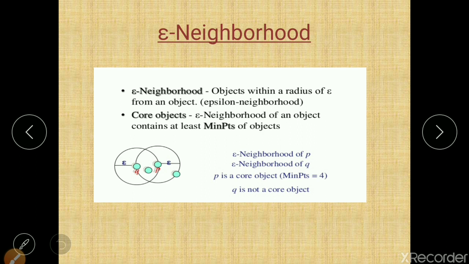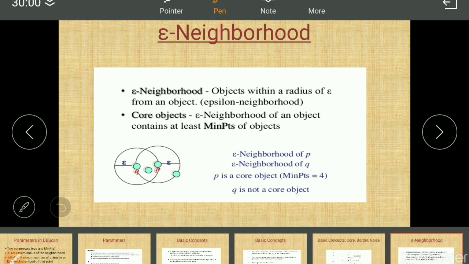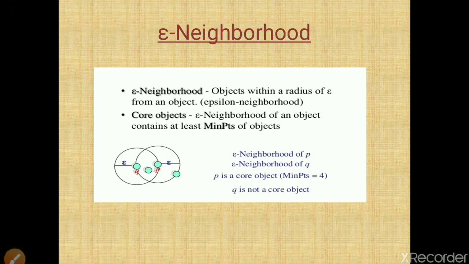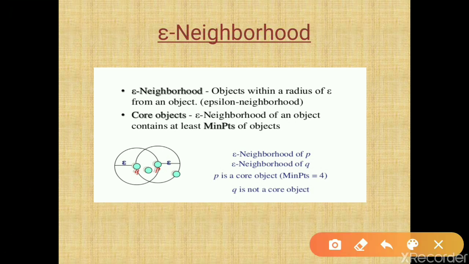Here you can see the point Q is in the epsilon radius of P. So P and Q are neighborhood points. Then what about a core object? The epsilon neighborhood of an object contains at least the minimum points, which we already discussed.